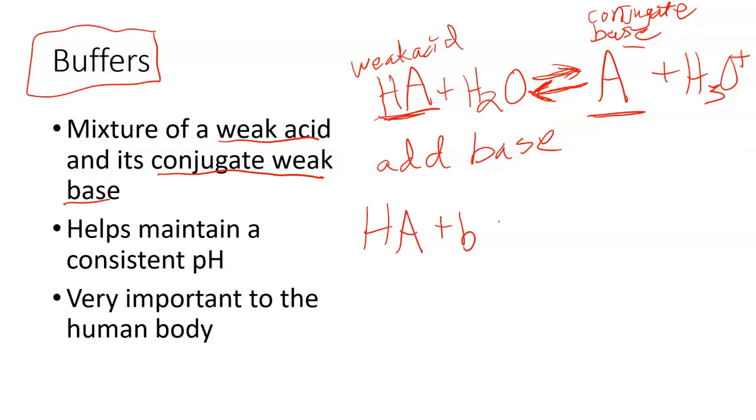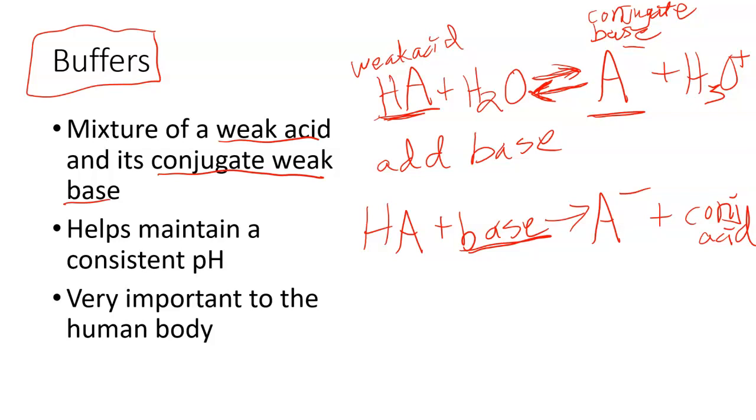It's going to combine with this base, and it'll form the conjugate base and conjugate acid. So this HA is going to absorb the base in a way, and you're going to get a solution that's about the same pH. So the pH changes very little.